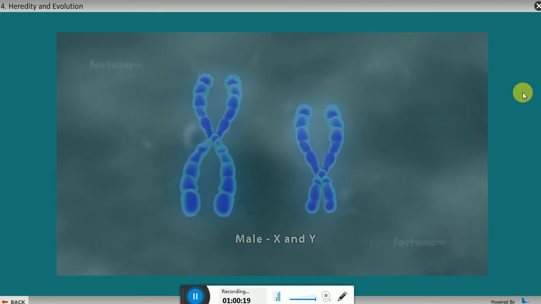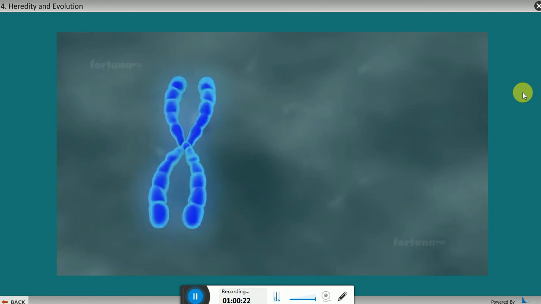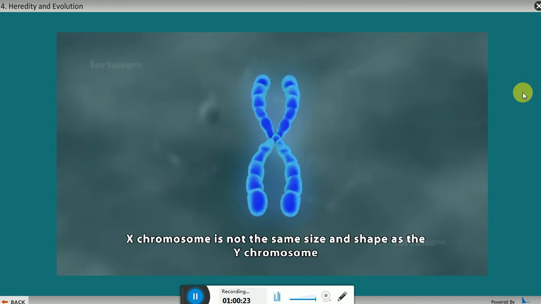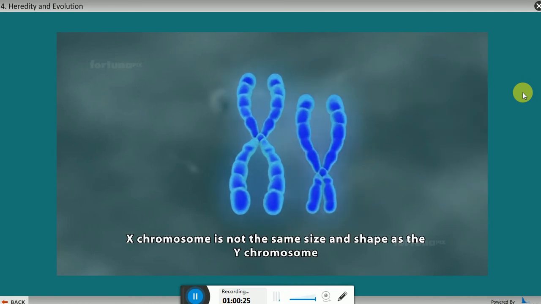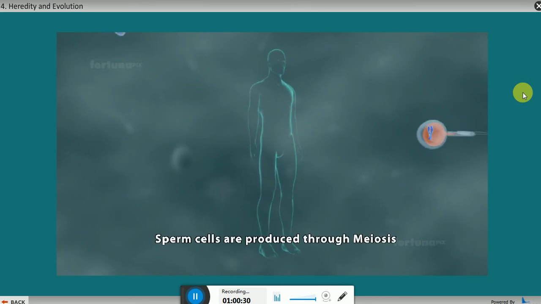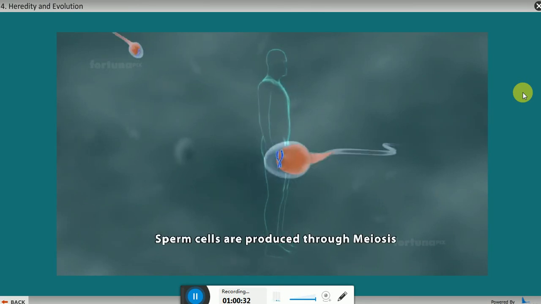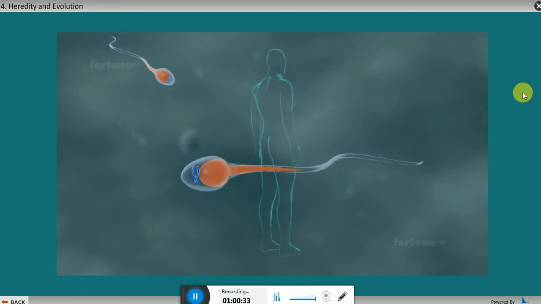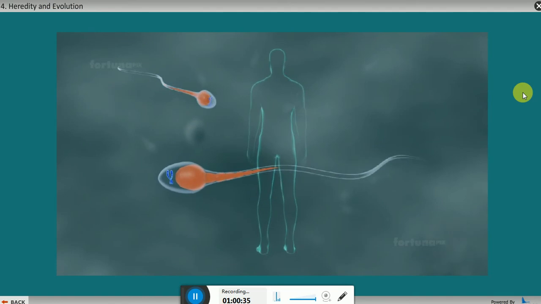In humans, the X chromosome is not the same size and shape as the Y chromosome. In males, sperm cells are produced through meiosis with haploid or half the number of chromosomes, that is, 22 autosomes and 1 sex chromosome.